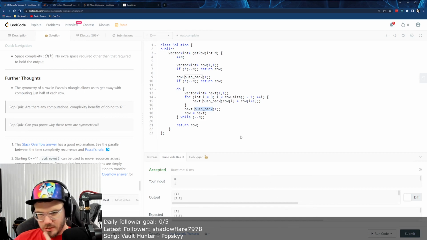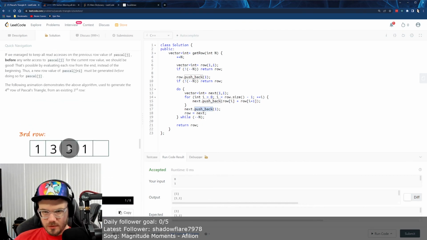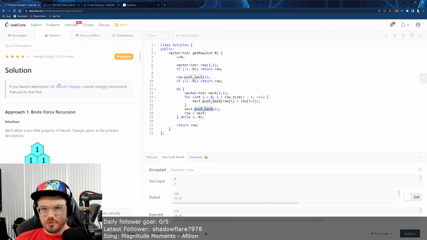So just looking at the time right now, Pascal's triangle will be my last solve of the day. I'm going to come back tomorrow, hopefully for a longer stream, and start off with some Clash of Code for probably at least an hour or two, and then go into LeetCode. I might start trying to do more binary search as well.